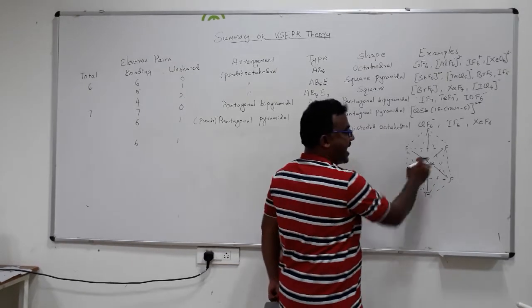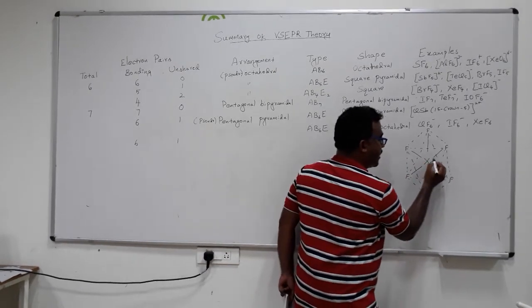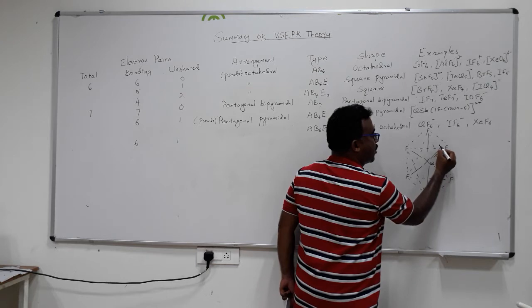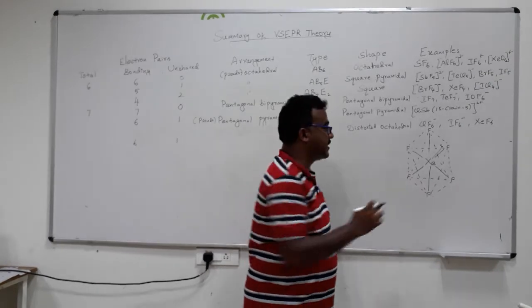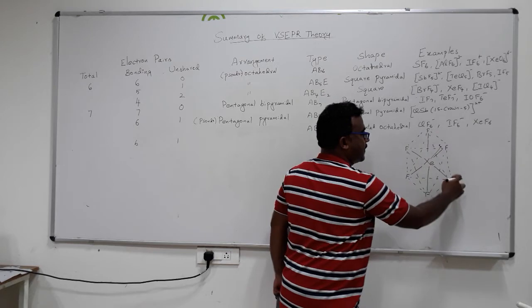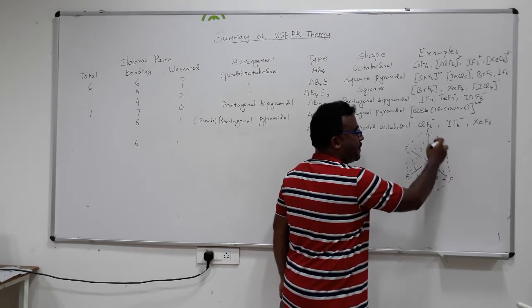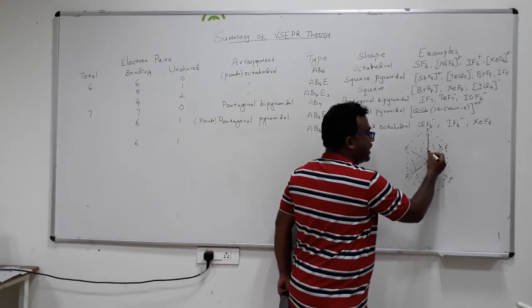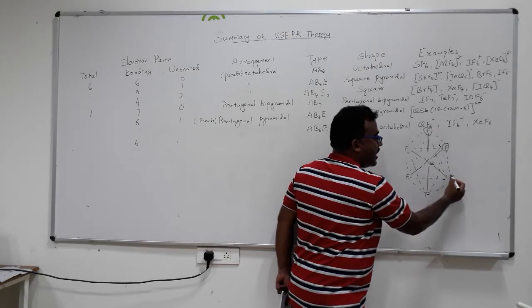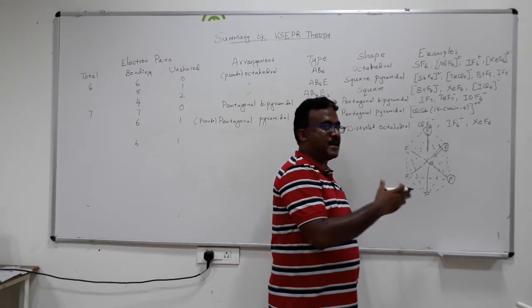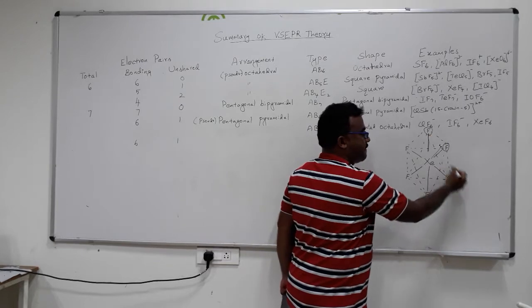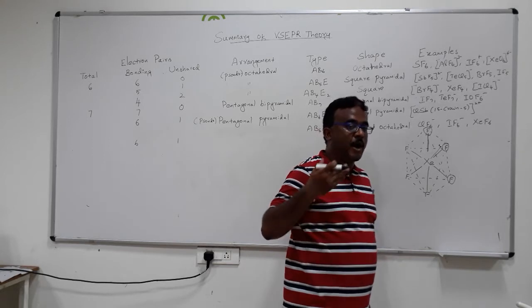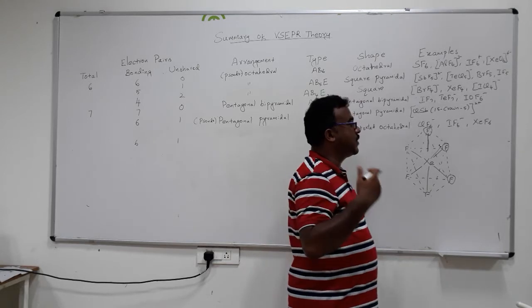So in this case it has one lone pair of electrons that may be on one of the faces. That lone pair is facing one of the trigonal faces. If three fluorine atoms form a trigonal face and the lone pair is facing there, then these three Xe-F bond lengths will be enlarged, I mean longer, compared with the remaining Xe-F bonds, and the bond angle also will be increased.